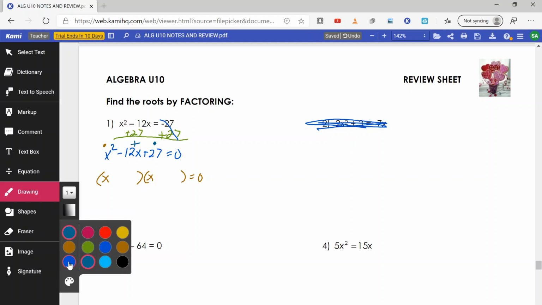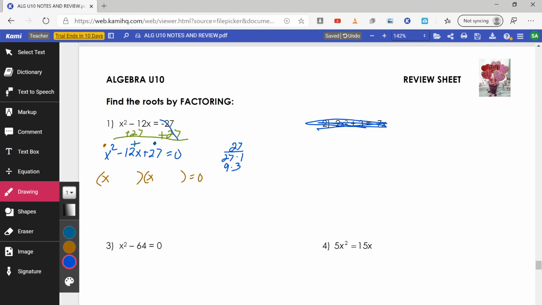So this is where listing off factors of 27 helps. So anytime we have to multiply to a specific number, my recommendation is just come up with the factors. So we have 27 times 1, 9 times 3, and that's all we have. So that is the only possible combination of numbers we can put. We can either put 27 and 1 or 9 and 3.